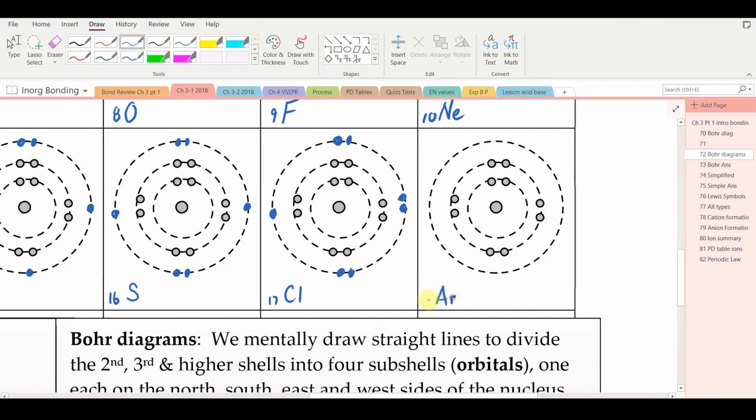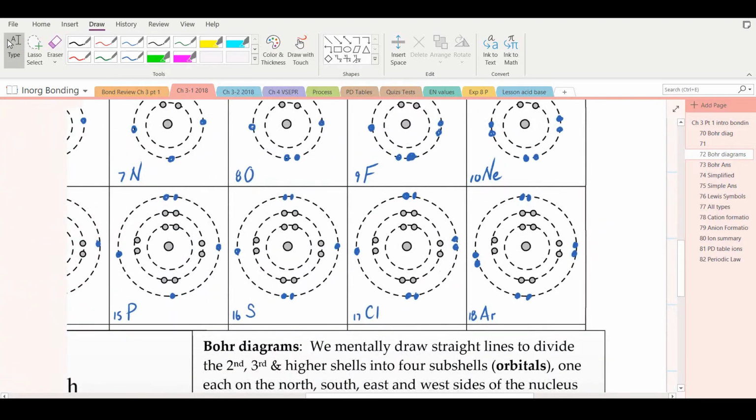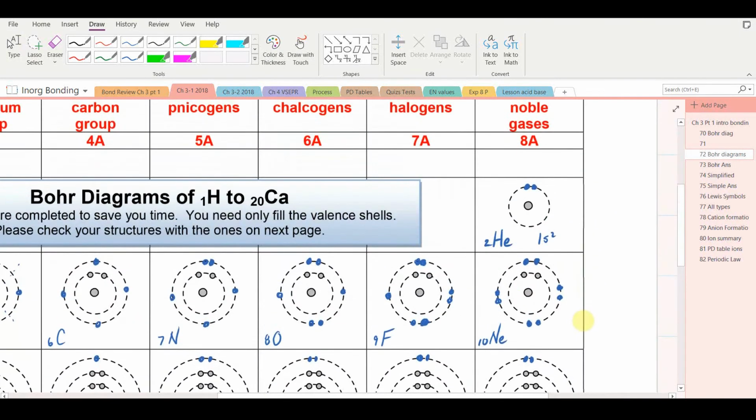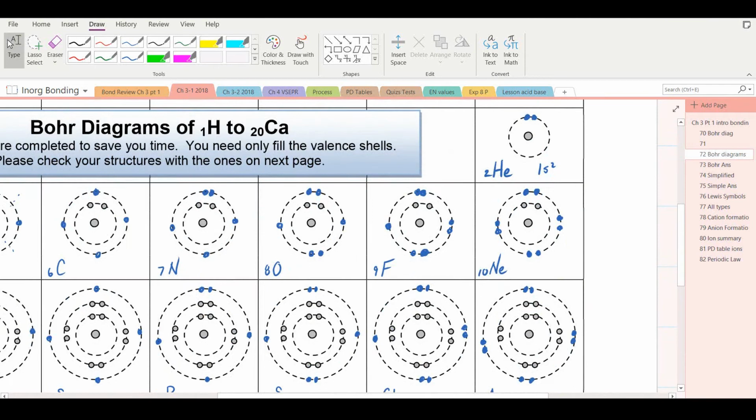Argon, 18 electrons in total, 2 in the first shell, 8 in the second shell, and then the valence shell will have 8 electrons, and that's full. We say an octet is a group of 8. Turns out that all of the noble gases have a full valence shell, and we attribute that to the reason they're so unreactive or inert.